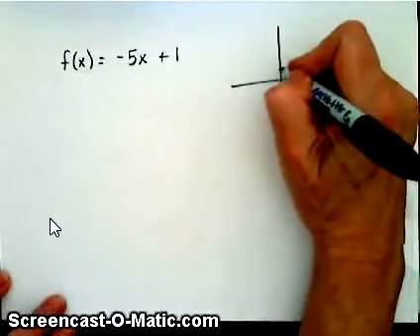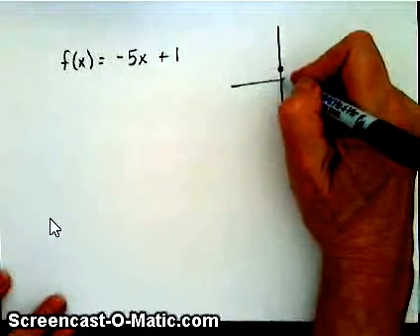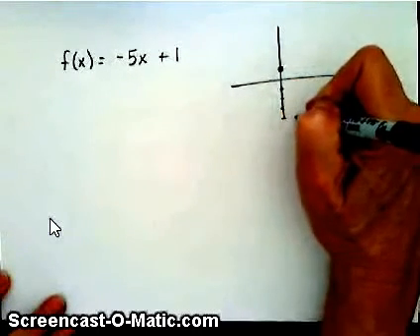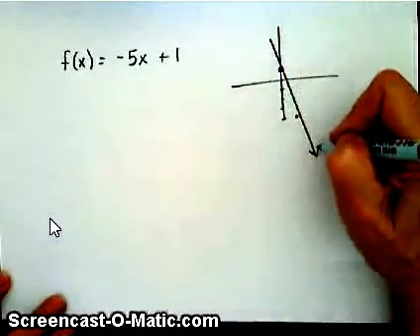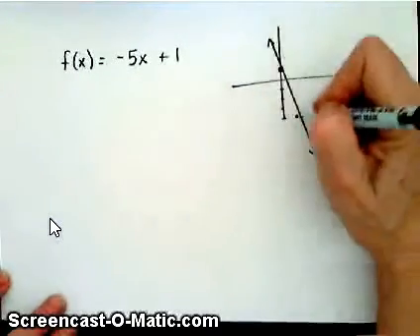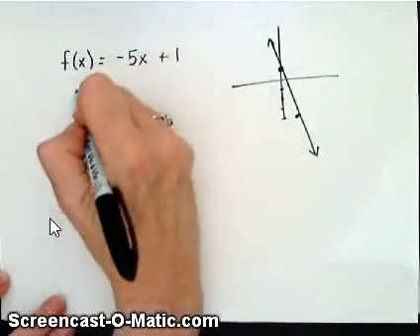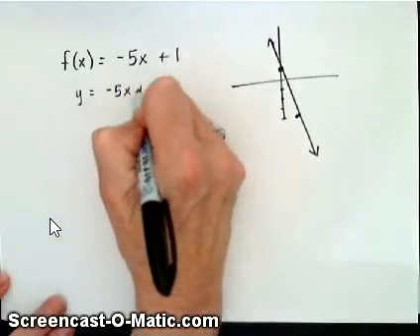So it crosses the x-axis here, has a slope of negative 5, which says it goes down 5, 1, 2, 3, 4, 5, and over 1, and you're going to put a dot. And so our function is going to come, I kind of missed the dot, just pretend, kind of come like that. Now you know this is the same thing as y is equal to negative 5x plus 1.